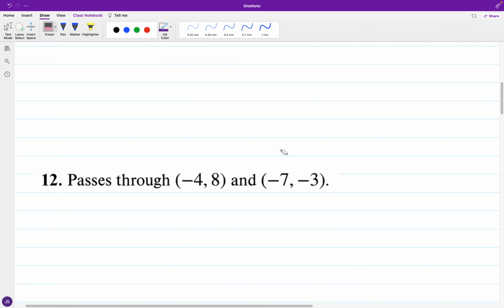Now, unlike number 6, I do not have the slope given, but instead I have 2 points provided. And so before we can get to the point slope formula backdrop, I'll need to identify what the slope is, taking that extra step of finding out just what the slope is going to be.